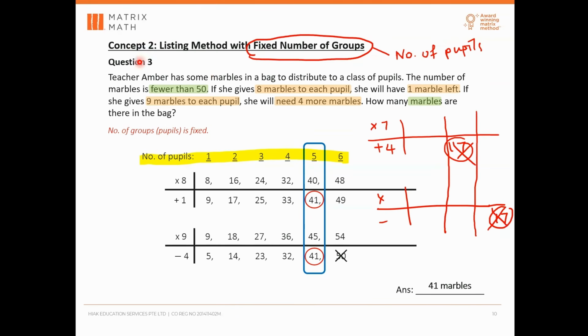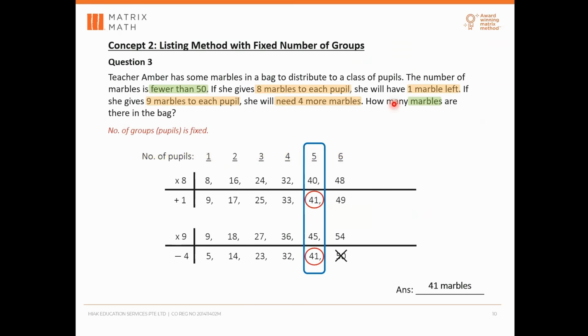So for this concept, you must make sure that they fall within the same column because the number of groups is fixed. Because in the first scenario, if you have 5 pupils, then in the second scenario, you must also have 5 pupils.